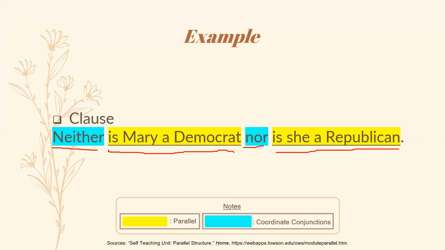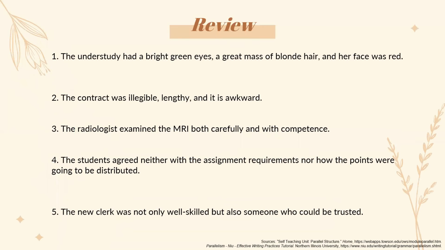So now we can start with a review of the explanation that we have learned. So first: the understudy had bright green eyes, a great mass of blonde hair, and her face was red. If we want to determine whether this is parallel or not, we need to see first where the error is.